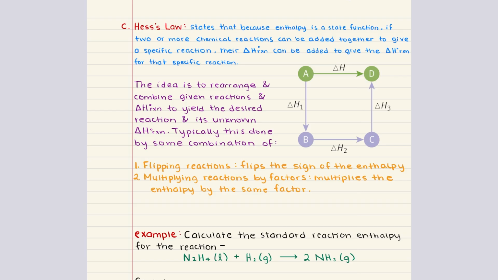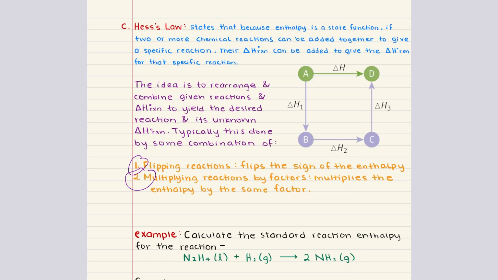And to apply Hess's law, we use a few tips and tricks. The first is that flipping a reaction reverses the direction of the process, so we also reverse the sign of delta H. If we multiply a reaction by a coefficient, that scales both the reaction and its enthalpy change by that same factor. And we then add the adjusted reactions together.